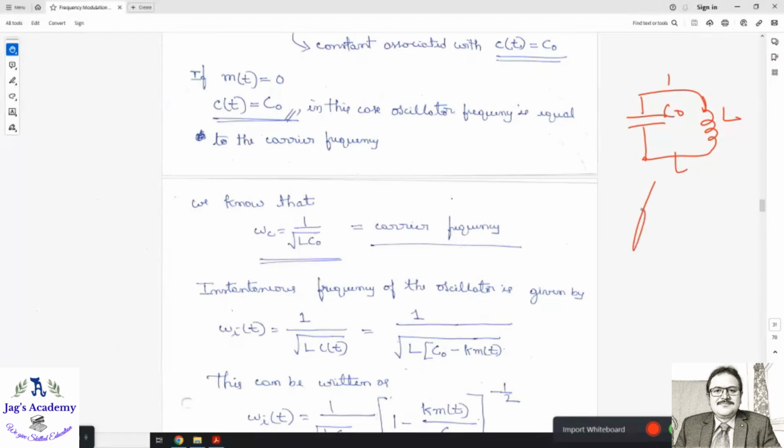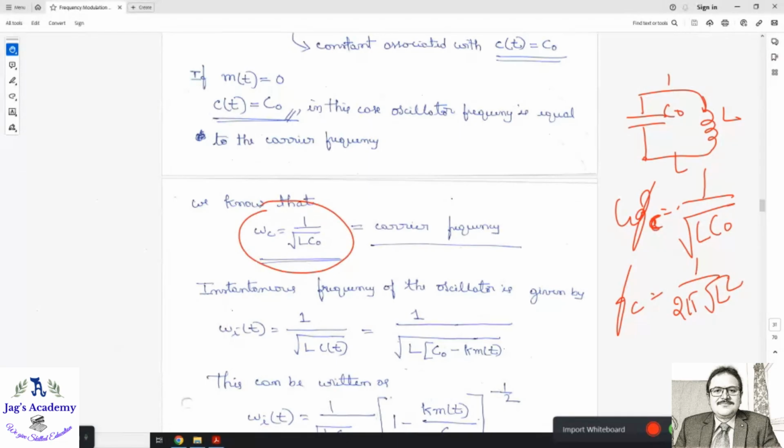The frequency of oscillation, I'll write F naught or Fc, or omega c, equal to 1 divided by root of L into C naught. Suppose it is omega c, what is Fc? 1 by 2 pi root of LC. That's the formula for the frequency at which it resonates, that means oscillates. This is actually the formula for generating a carrier frequency when there is only L and C naught.